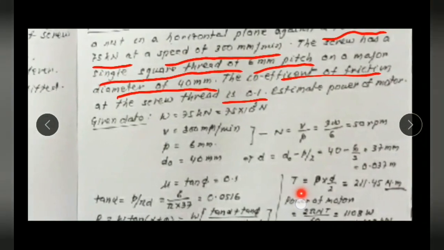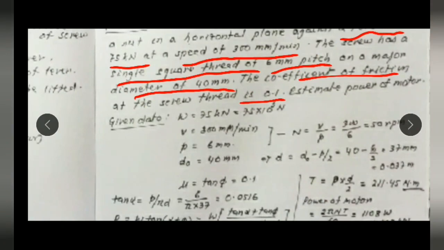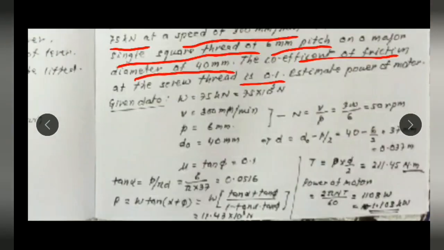Then the torque required to operate the screw jack, T equal to P into d by 2, the value of P and the value of d. By putting these two values, it will become 211.45 Newton meter. d is in meter, P in Newton.